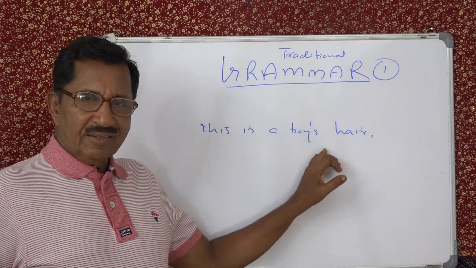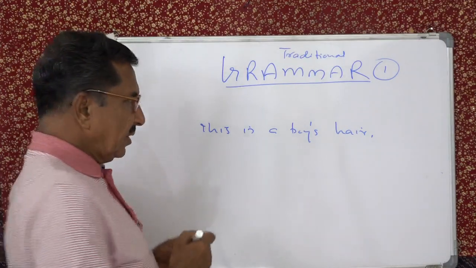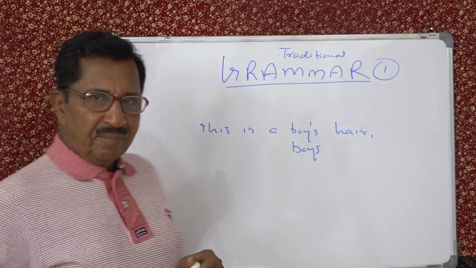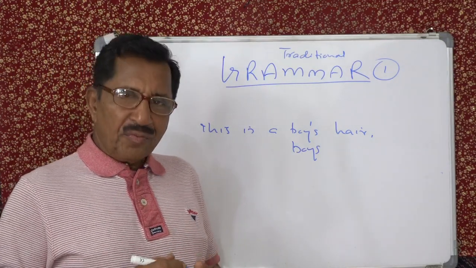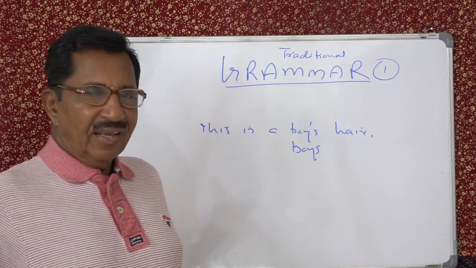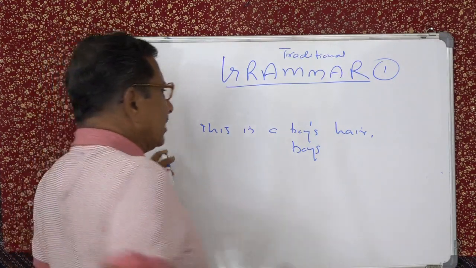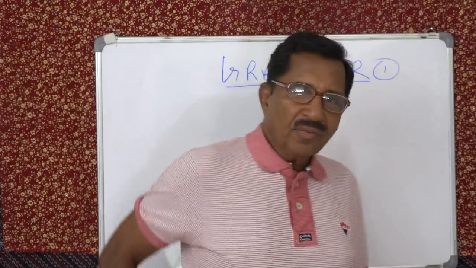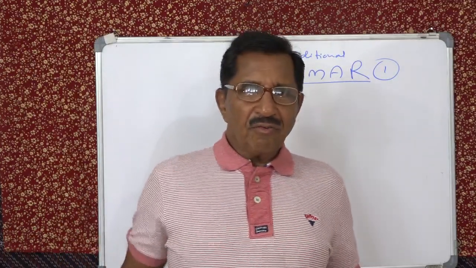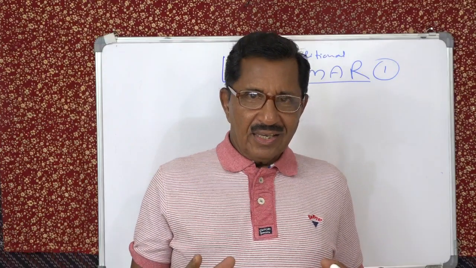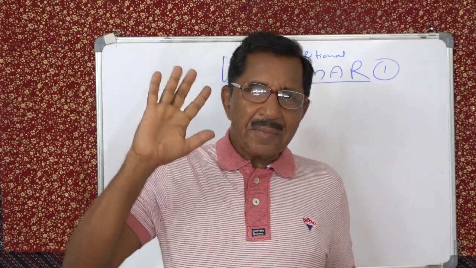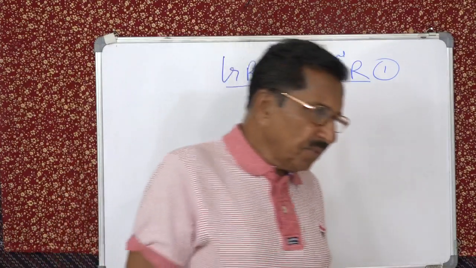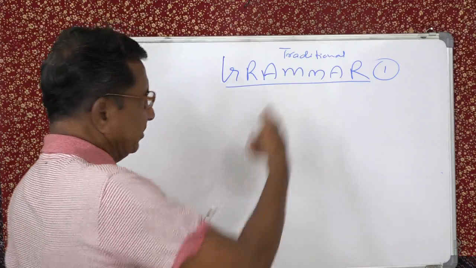Boy plus s. Boys. But suppose it is boys, no apostrophe, then it is plural. Listen, how morphemes are combined to give meaning. So ultimately, the aim of grammar is to specify well-formed sentences and also to assign a meaning to them.